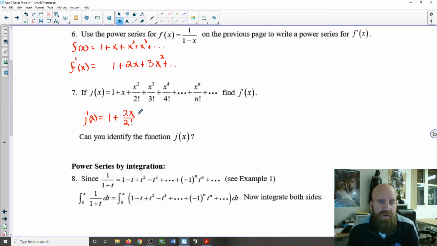We're going to be able to simplify this in a minute. So if you see it right now or know how to simplify, you can go ahead and do that. But we're taking the derivative here, and 4x to the third over 4 factorial.